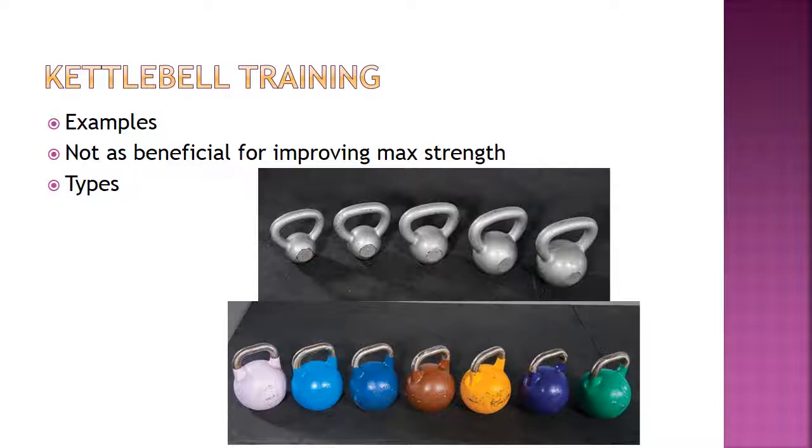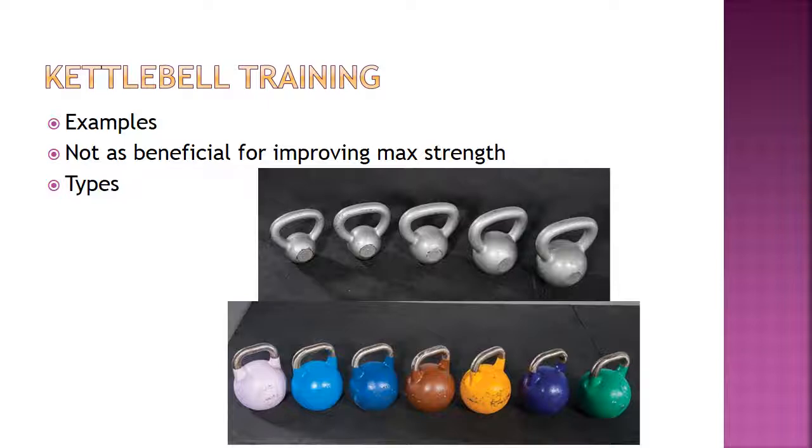Again, that's different from the competition kettlebells, which all have the same size handle. Also, the space between the top and bottom of the handle changes with the size of the kettlebells as well. There's also one thing to consider, because kettlebells could be very taxing on the grip and on your hands.